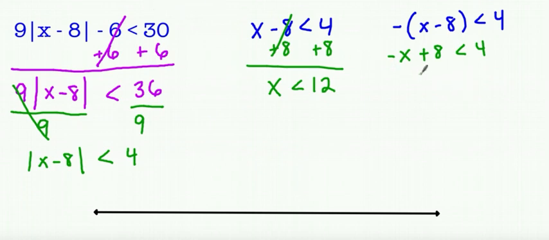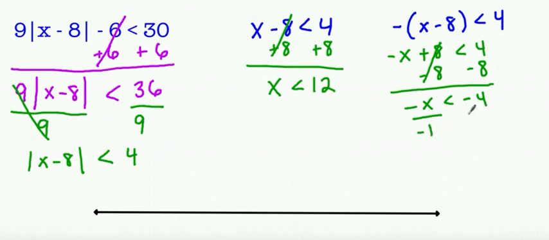Next, we're going to subtract 8 on both sides. Now we have negative x is less than negative 4. And now we're going to divide both sides by negative 1. So x is now greater than 4.